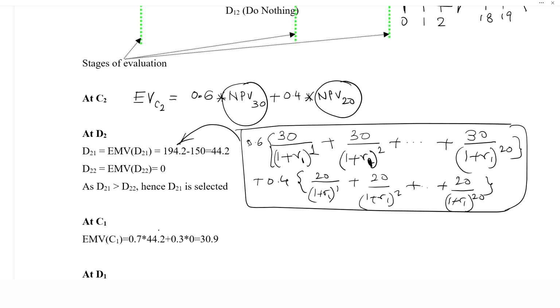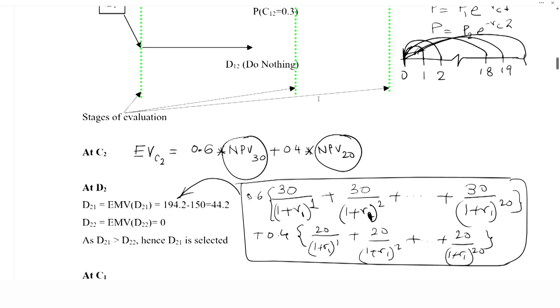The value for high demand, with probability 0.7, was 44.2. So, 0.7 into 44.2, and for the low demand, where you will stop, the probability is 0.3, so 0.3 multiplied by 0. So, the total expected mean value at C1 comes out to be 30.9. So, it is still positive.